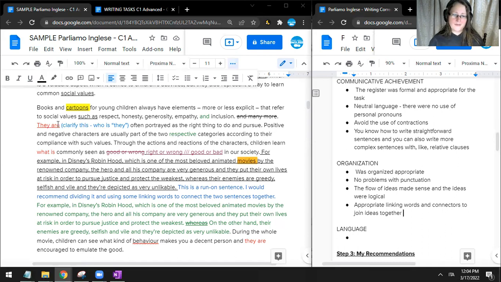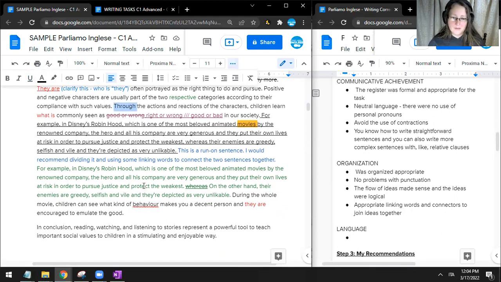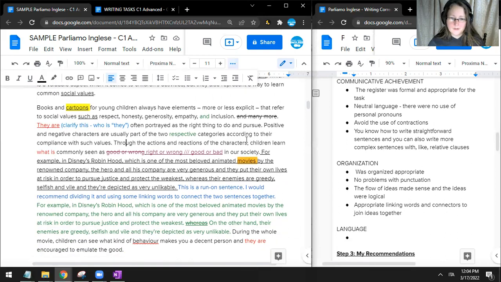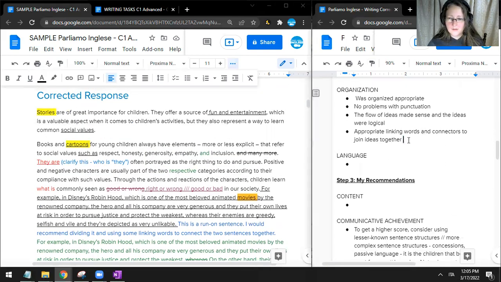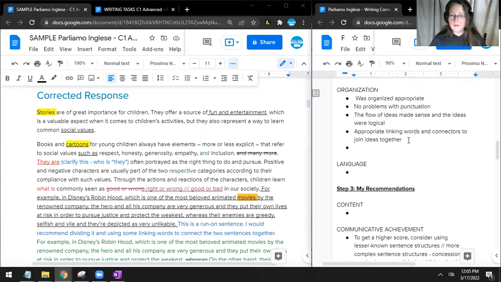Although, as I did note, sometimes it wasn't 100% clear, so you can definitely work on making some of those things clearer. But for the most part, you did a pretty nice job. It was a nice progression. And the fact that you did use paragraphs, that's great. Appropriate paragraphs and stuff like that, so that all goes under organization.